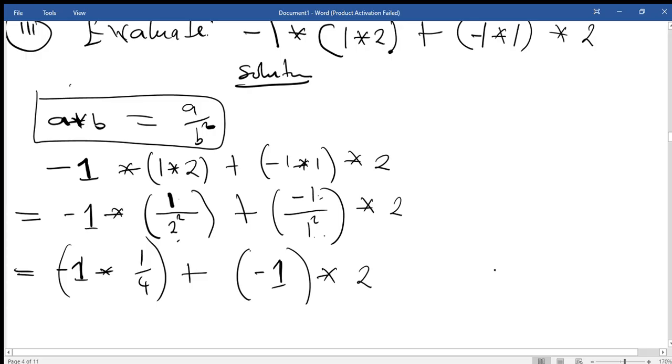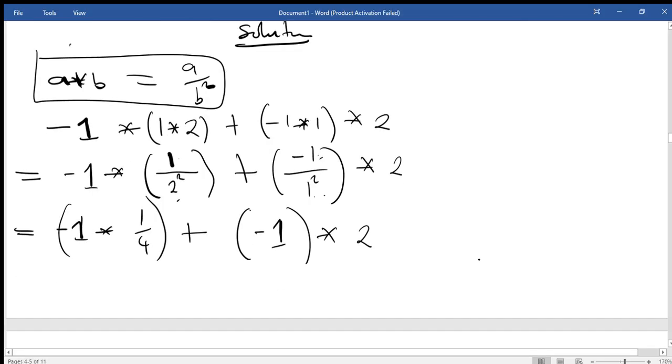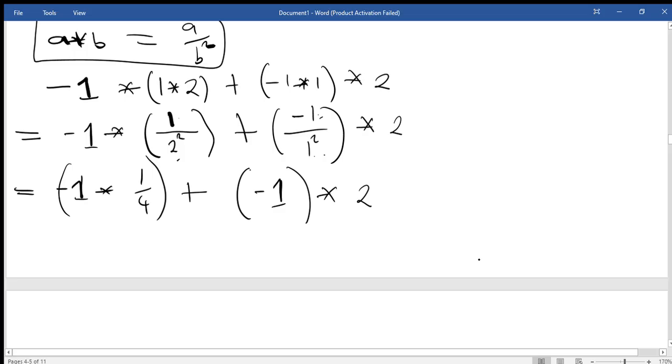So the next thing I can work on is this operation, negative 1 star that. So this is A and this is B. So this becomes negative 1 over 1 over 4 squared, plus this is A, this is B, negative 1 over 2 squared.